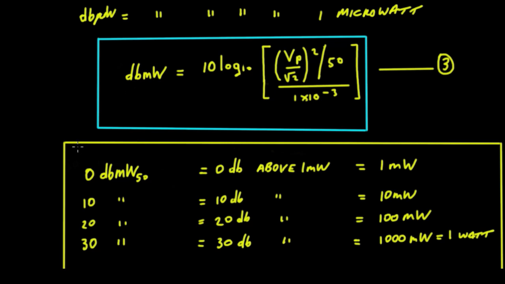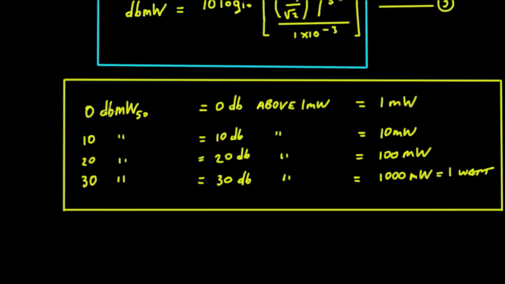So say for example you had 0 dBm, 0 dB milliwatts into a 50 ohm system. Well, we're really saying it's 0 dBs above 1 milliwatt. 0 dBs is really just times 1, so it is just 1 milliwatt.